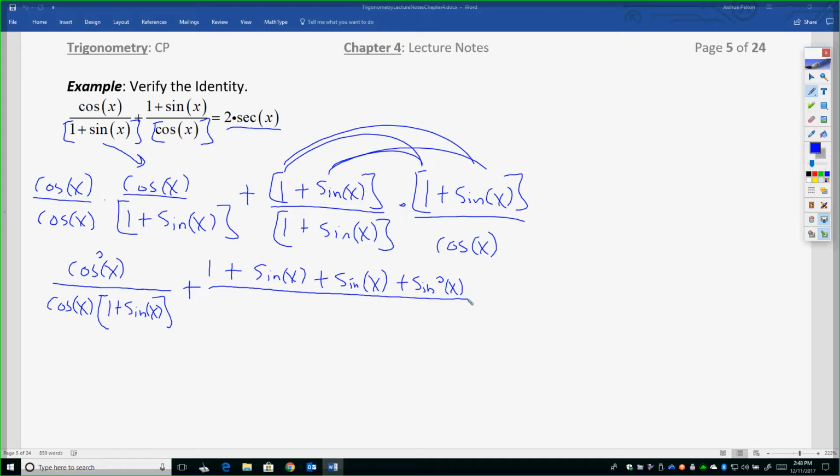Okay, all over the cosine times 1 plus sine.